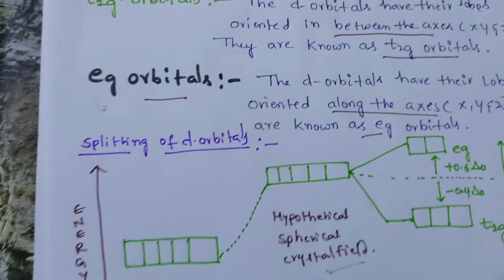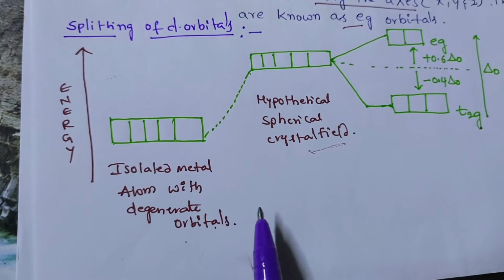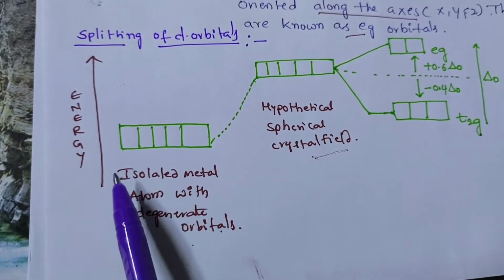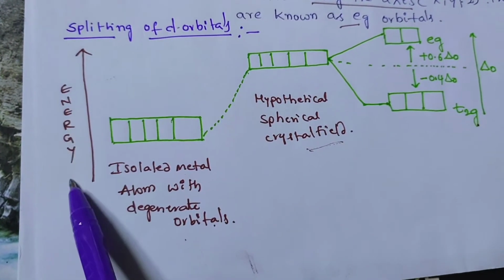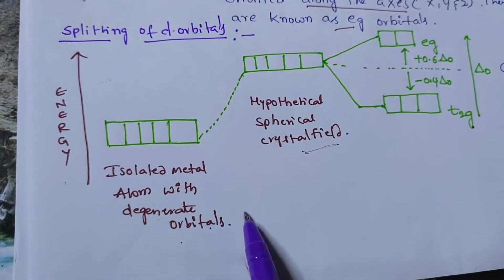And next, you will see the splitting of d orbitals. See here, splitting of d orbitals. This energy diagram is going up in energy. Here is an isolated metal atom with degenerate orbitals.